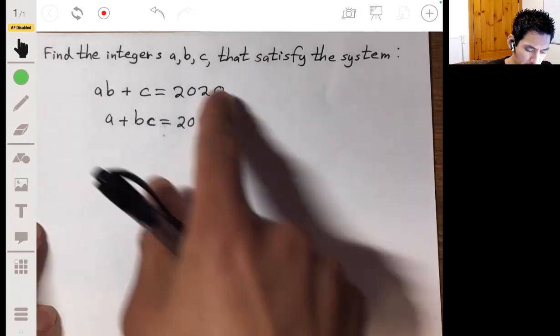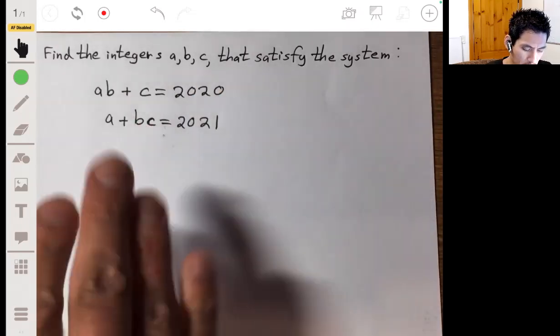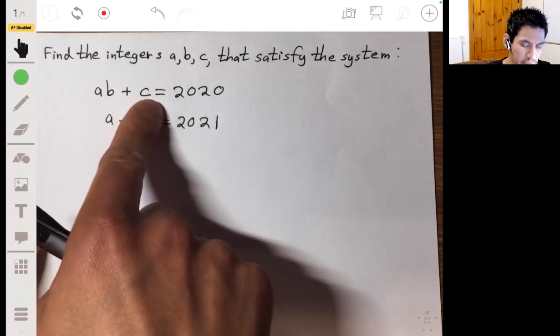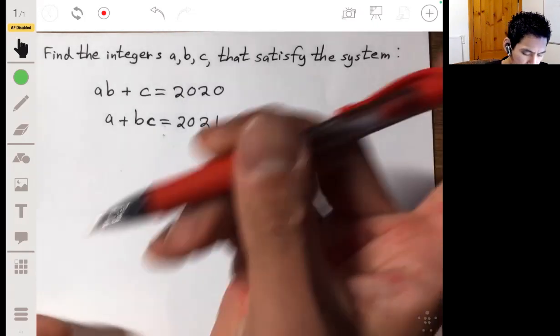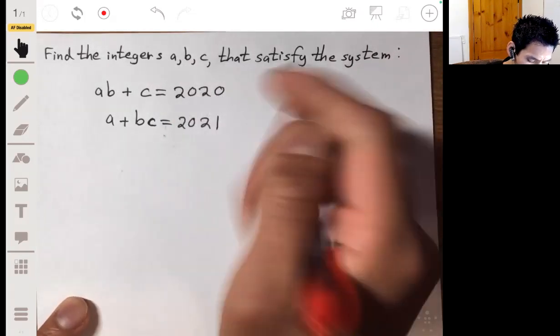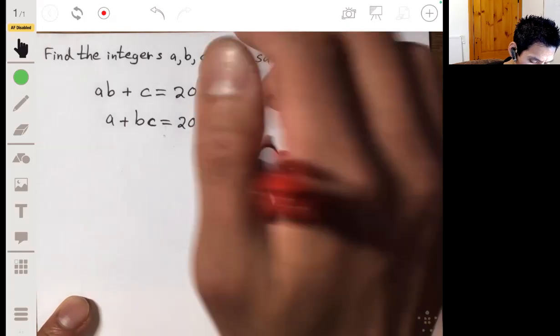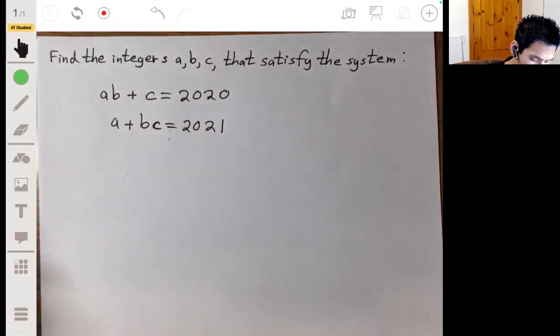So here we have a system of two equations, but we have three variables, so we really can't solve that with typical basic algebraic methods. What we can do is make a new equation by subtracting the top equation from the bottom.